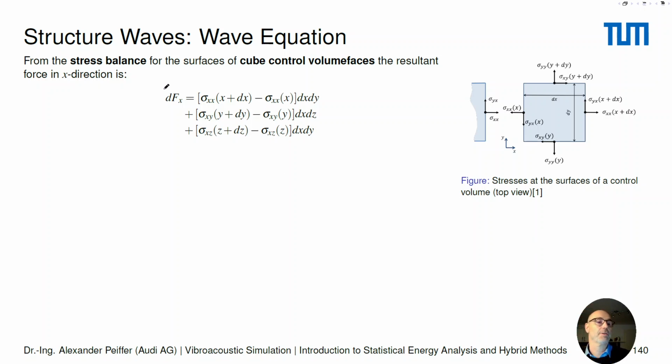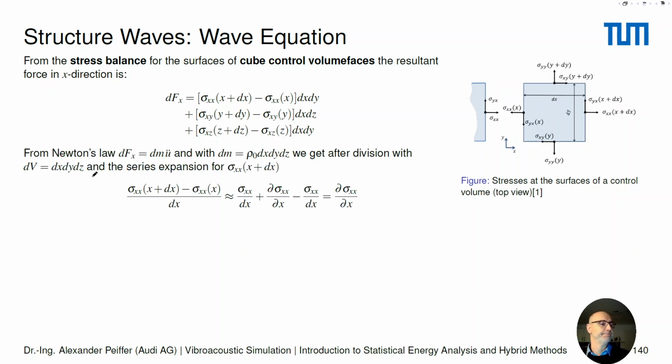Just imagine the force in x direction follows from the difference of the normal stresses on both sides of the cube, but it also follows from the stresses on the other sides, because we now have shear stresses, which also lead to force in x direction. In the fluid world we just had the upper equation, exchanging this by pressure. But in a solid, we also have the shear component, which makes the world a little bit more complicated than in the fluid world.